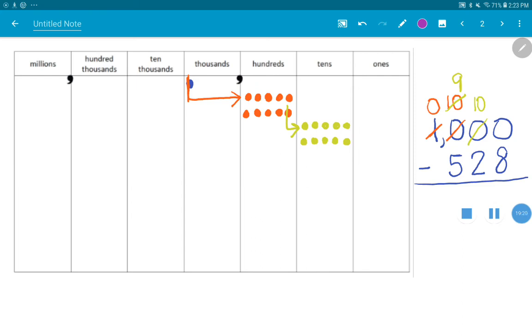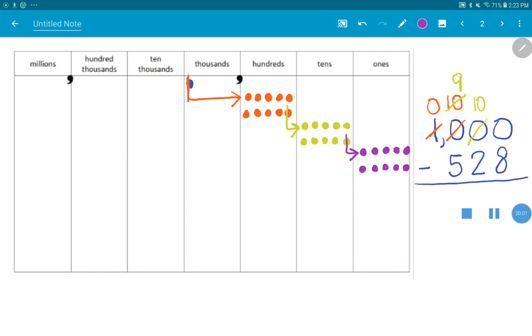So Chloe, what am I going to do to get some ones? Yeah, I'm going to take one of my tens, and I'm going to make those tens into ones. How many ones does it take to equal 10? 10. 10 ones. 1, 2, 3, 4, 5, 6, 7, 8, 9, 10.